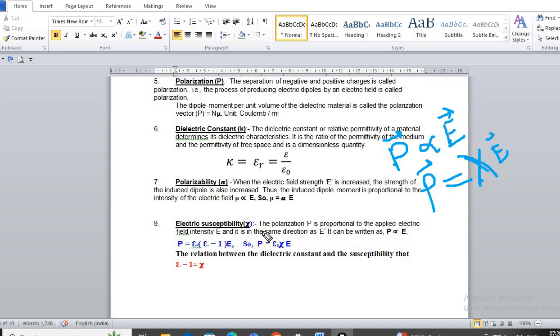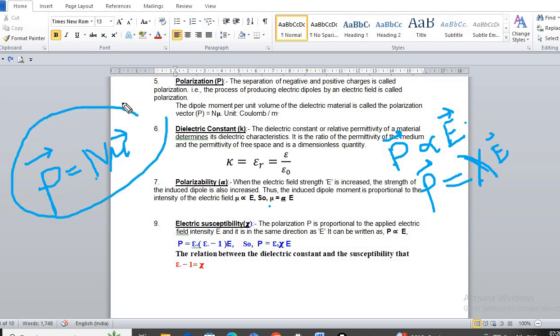Remember that the individual dipole is also proportional to the applied field. So what is the meaning of total polarization? Total polarization is related to the total number of dipoles inside the dielectric material. In the classical definition, P is N into mu, where mu is the individual dipole moment and N is the number of dipoles.